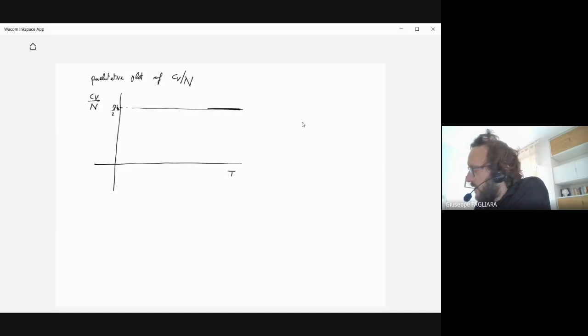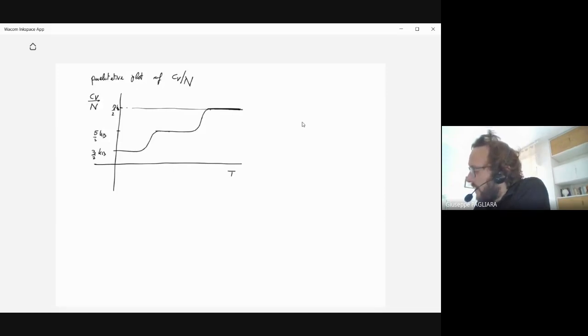Then, of course, when the temperature starts to decrease, I will see that the heat capacity will decrease. Then I have another plateau. Then it will decrease again, and then I will have another plateau, where this plateau here corresponds now to 5.5 kB, and the first one to 3.5 kB.